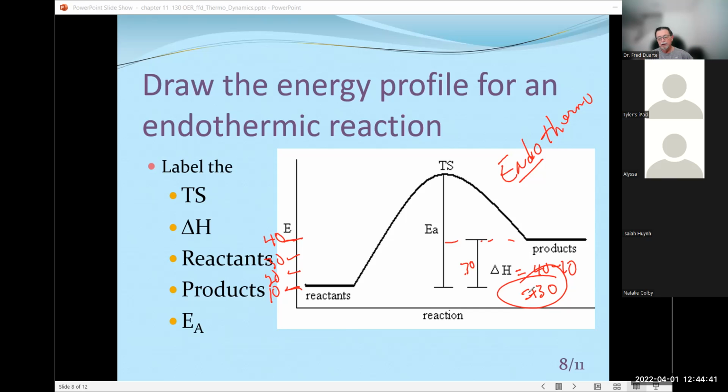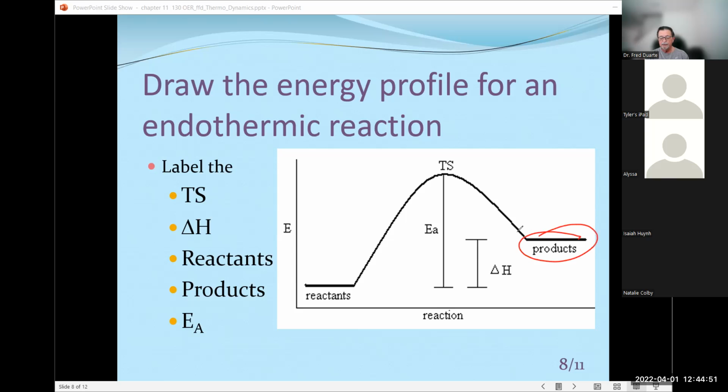Okay, and so you can do that mathematically like I just demonstrated, or visually by seeing that the product energy level ends up at a higher energy level than the reactants were, which will result in delta H being a positive number.